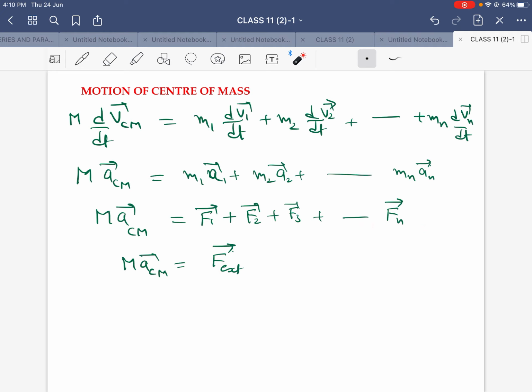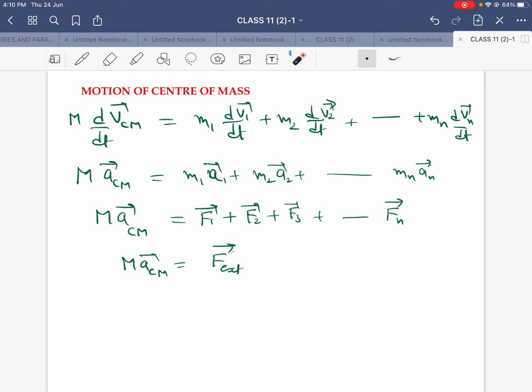This equation shows that the center of mass of the system of particles moves as if the entire mass of the system were concentrated at the center of mass and all the external forces were applied at that point.